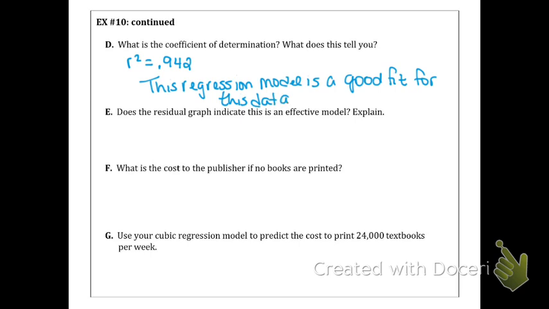Part E says, does the residual graph indicate this is an effective model, and explain? So we're going to go to your stat plot, make sure your X list is L1 and your Y list is going to be those residuals. Go look at that plot and see, are they random? It is random, and notice your points are going to be close to the x-axis.